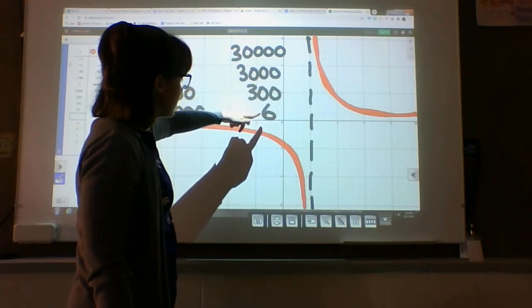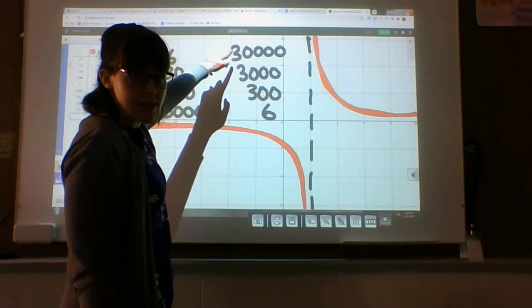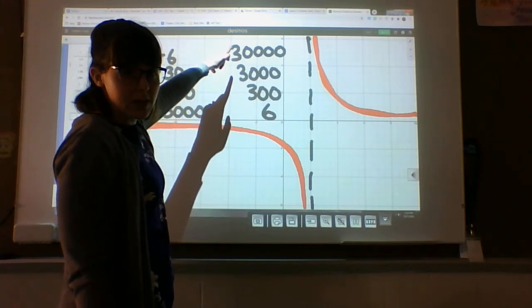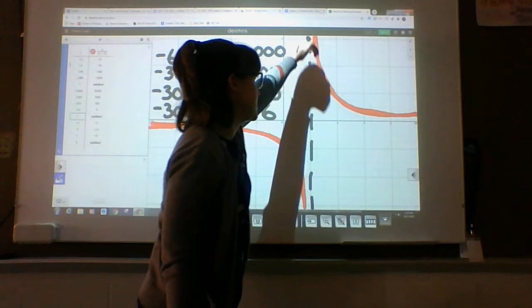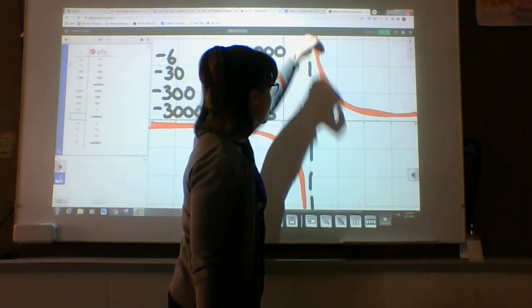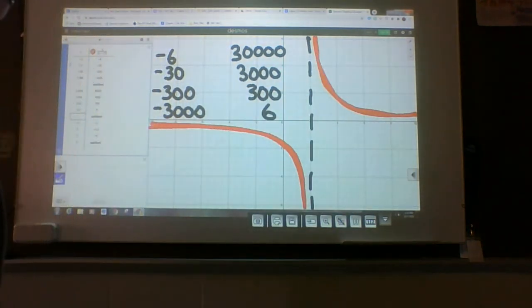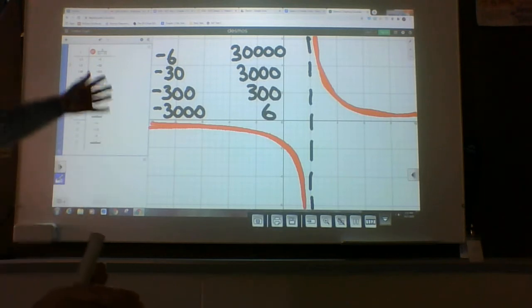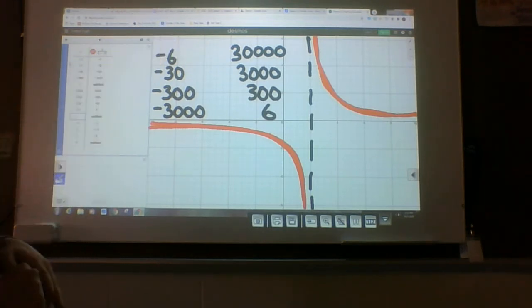So as I come in from the right and go closer to x equals 2, it's getting bigger and bigger and bigger. That's going towards positive infinity, as you can see from this picture. It's getting more and more positive, more and more up, like that. So from the left, it's getting more and more negative. From the right, it's getting more and more positive.